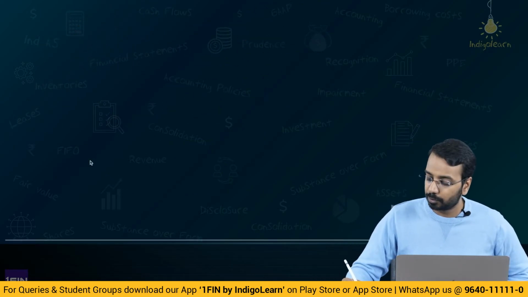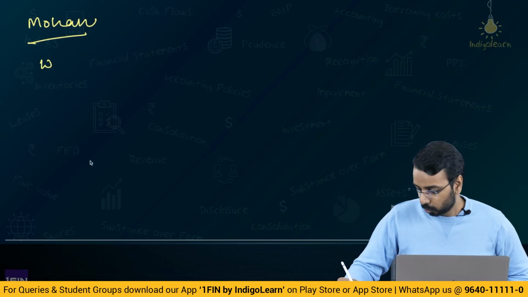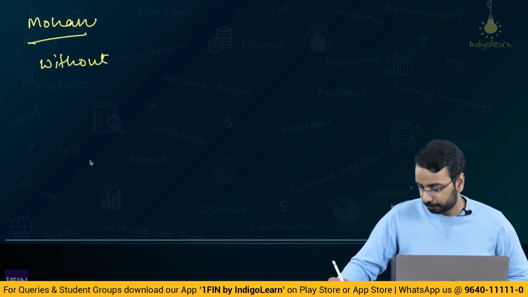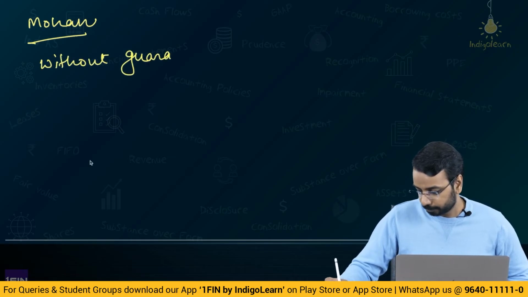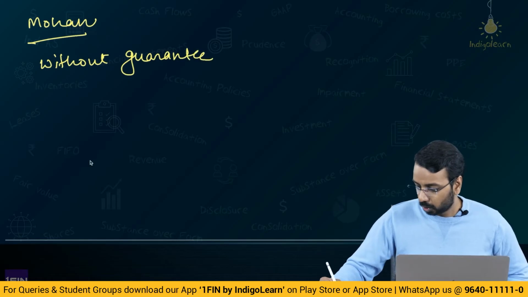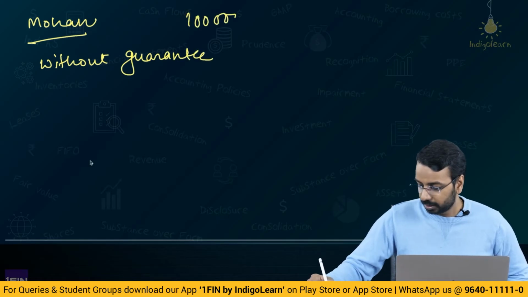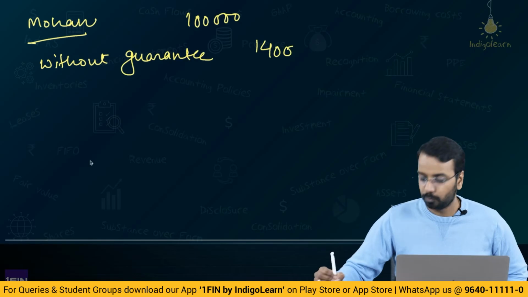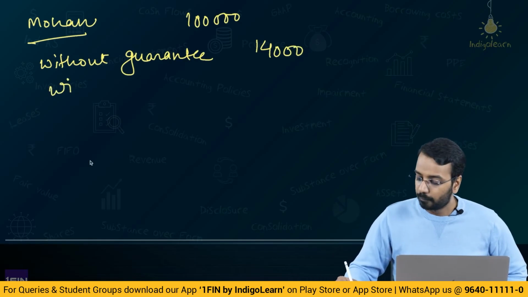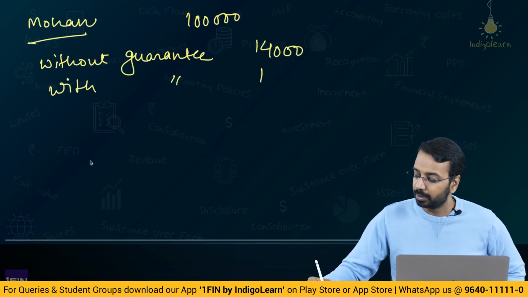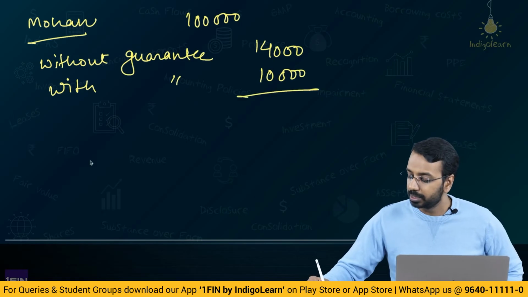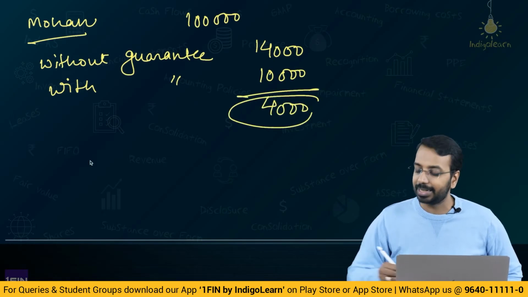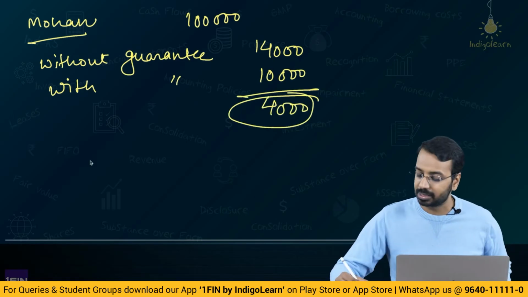Think of it from the point of view of Mohan Limited. Without guarantee, on a 1 lakh rupee loan, you should have paid 14,000. With guarantee, amount payable is only 10,000. So, this 4,000 is the net benefit or net savings for Mohan Limited.